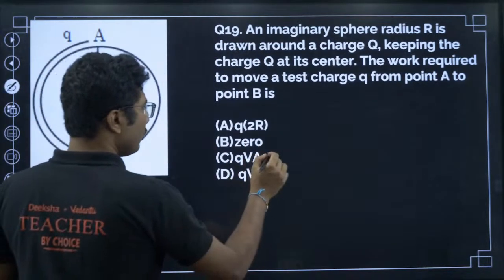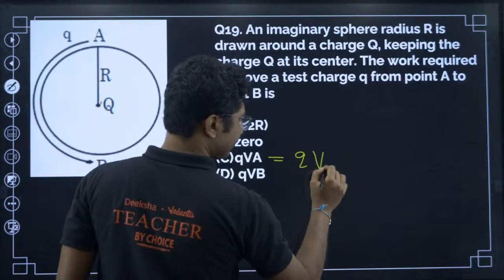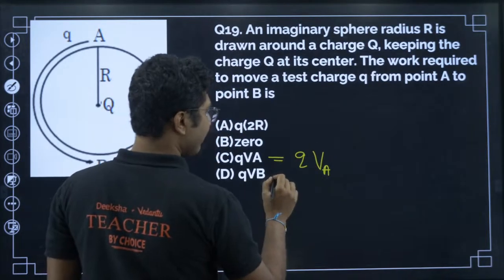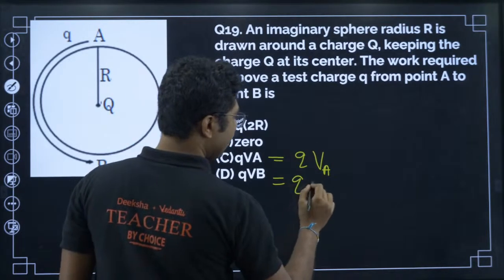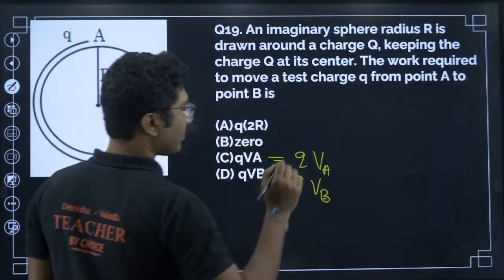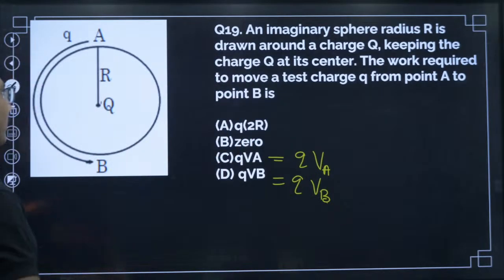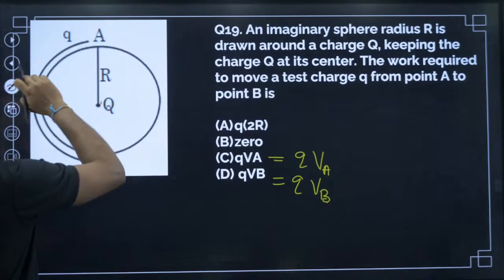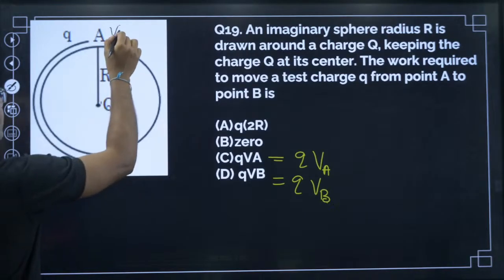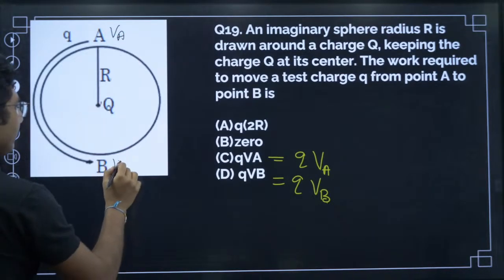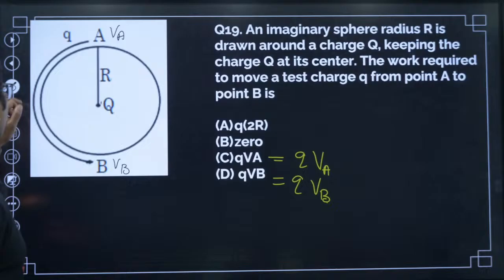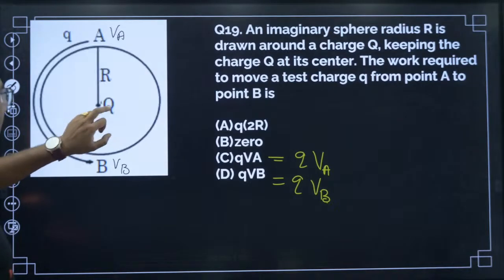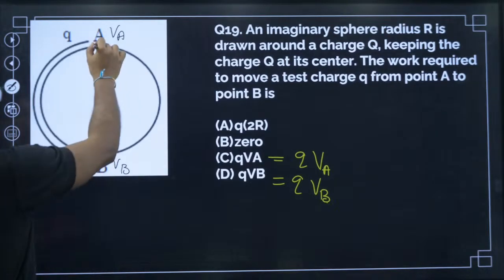What is the meaning of QVA? It is Q into VA, voltage at A, and Q into VB, voltage at B. Here we have VA, here we have VB. Clear now? 2r is the distance.